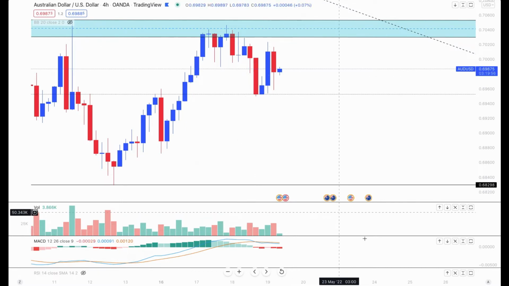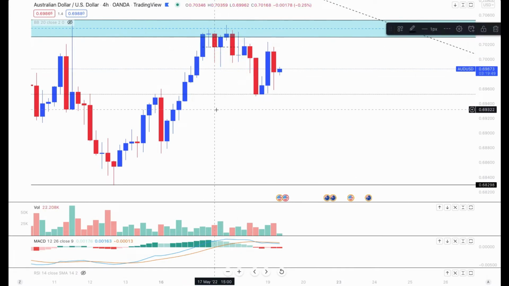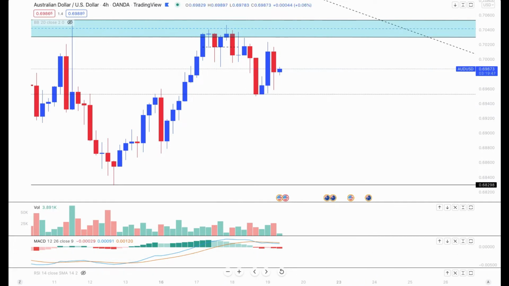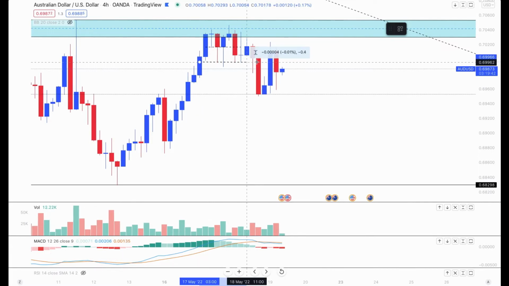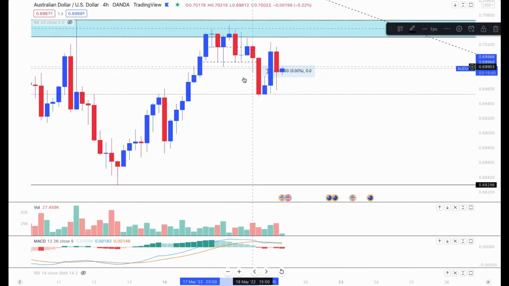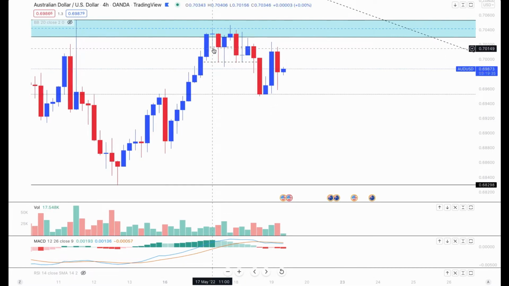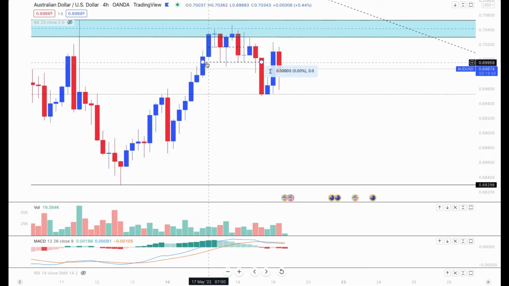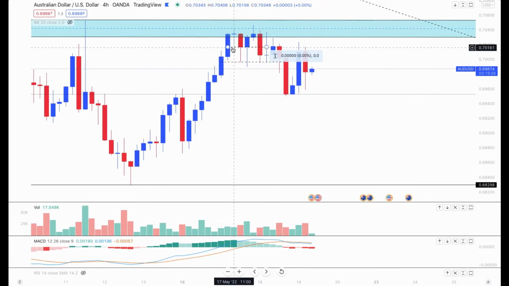So what do we have? First things first, we can see we clearly have support in this region right here, and then we clearly have support in this region right here. Yes, these were wicks, but we can see that this doji candle right here wicked onto the support, and these two candles that followed, the bodies closed on this support.